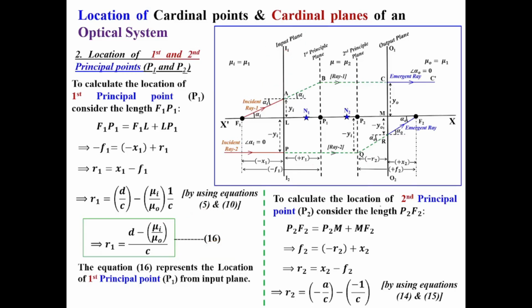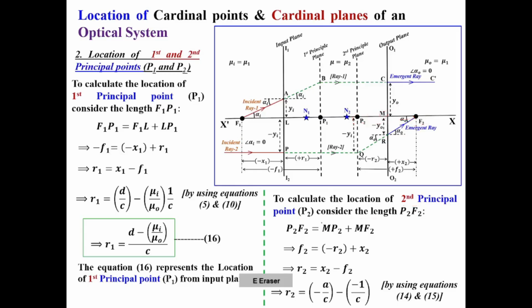Now we are going to evaluate the location of the second principal point. To calculate the location of the second principal point P2, consider the length P2F2. Here, this is your P2, this is your F2 point. Consider this length. It is the sum of MP2, this length, plus MF2, this length.